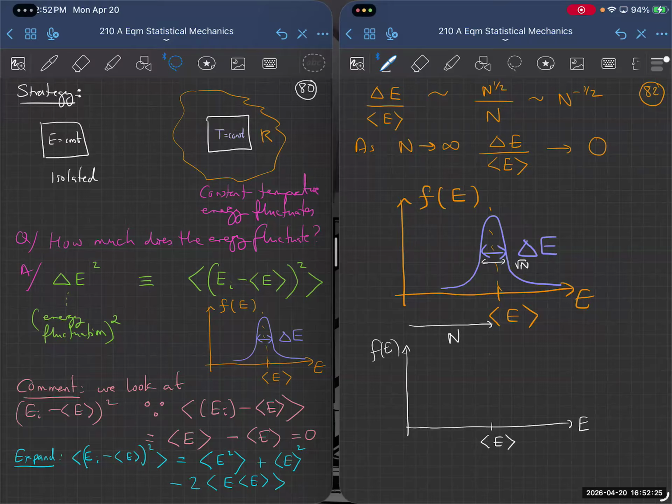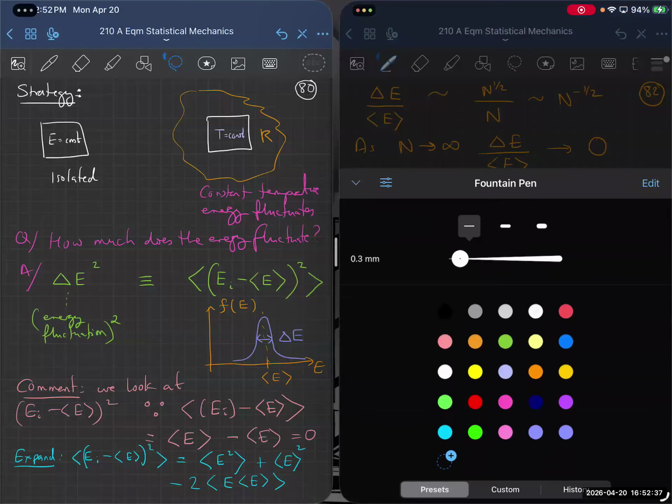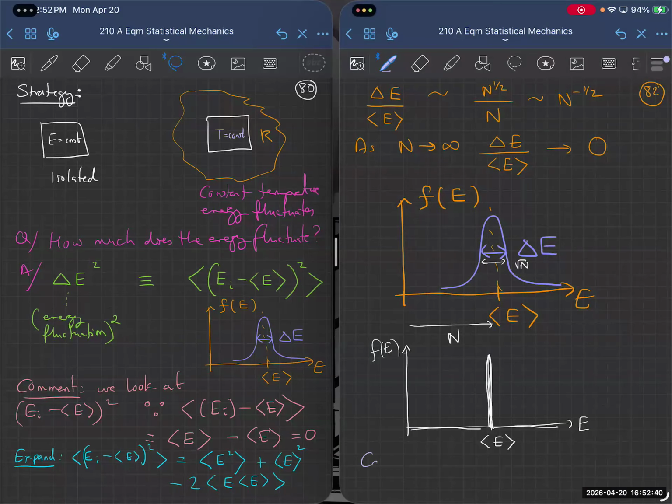Therefore the canonical distribution is going to look like the microcanonical distribution in the thermodynamic limit.